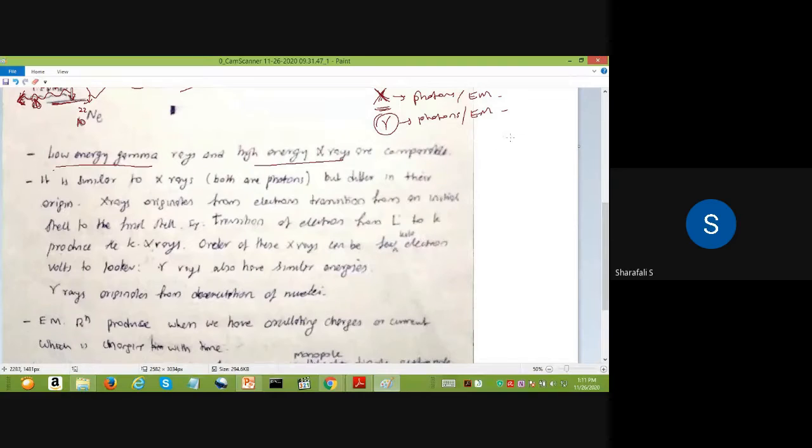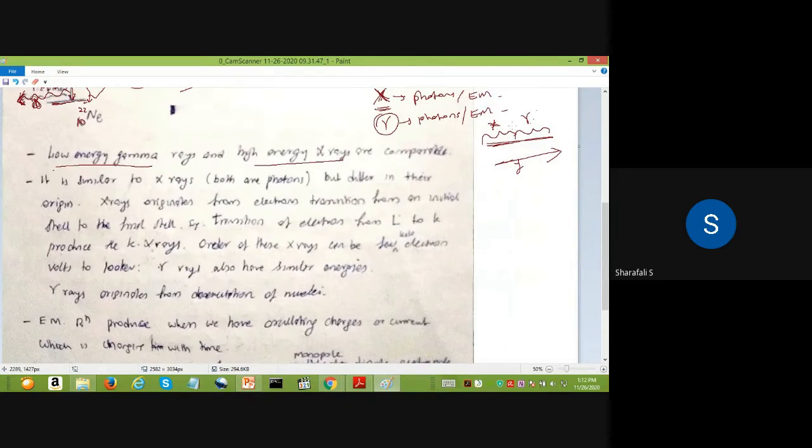If you consider the frequency spectrum, this portion will be X-rays, and this portion will be gamma, and frequency is increasing in this direction.